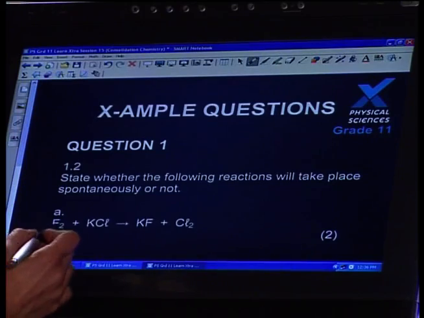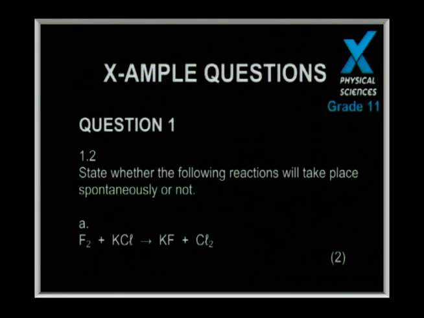The first one, I've got fluorine reacting with potassium chloride to give me potassium fluoride and chlorine. Now, what I'm going to do is I'm going to look at the fluorine and I'm going to look at Cl minus. I am not concerned with the potassium. The potassium is merely a spectator.